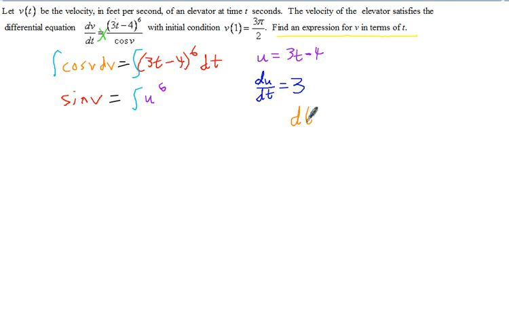So then dt equals du over 3. We're going to multiply by dt and divide by 3. So we can substitute that in there.